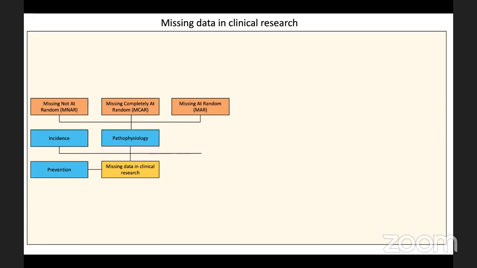For missing at random, there are observable factors that influence the missing data, but it's not strictly correlated to the outcome. For example, if females are less likely to respond to a poll. And not at random, the missingness is due to unobserved factors and it can be related to the outcome. For example, those with a more severe condition are less likely to attend or respond, and it's related to the measurement of the outcome.